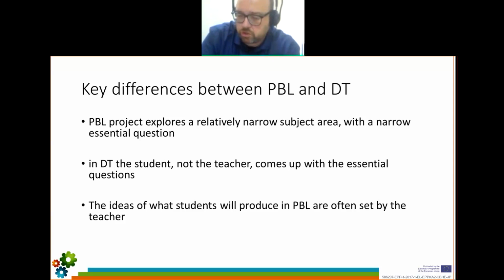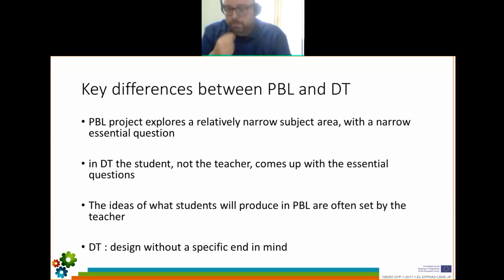We pretty much know what, vaguely, the final solutions will be. Whereas in design thinking, this might vary widely according to whatever the students have produced in the first phases.